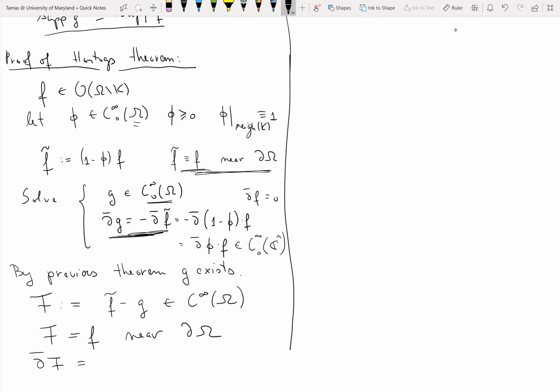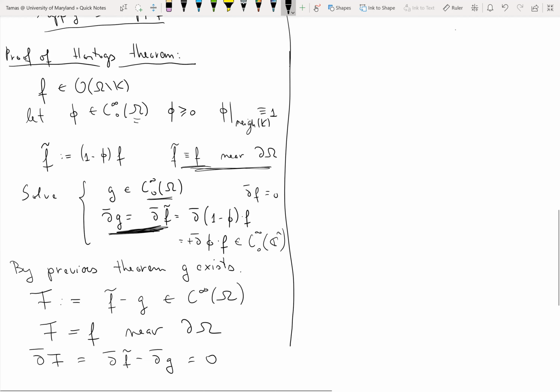It's Delbar of f tilde minus Delbar of g. So by the solution of this problem, okay, let's see. I made a small mistake here. I need to get rid of this minus sign, as I'm sure everybody noticed. Nothing else changes, but what you get is that Delbar of capital F is equal to 0, which implies that F is holomorphic in omega.